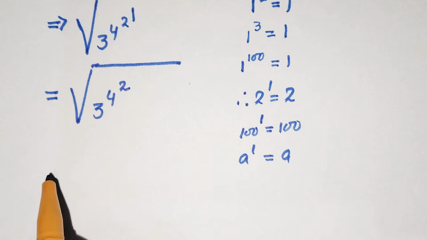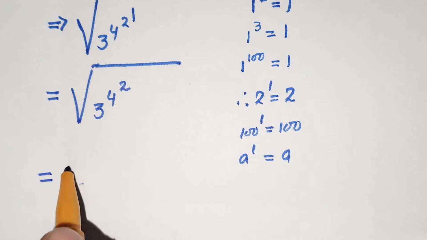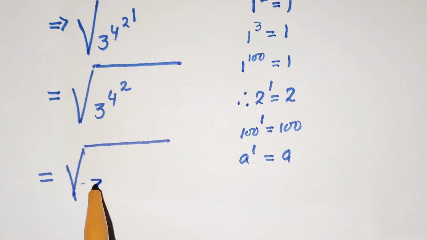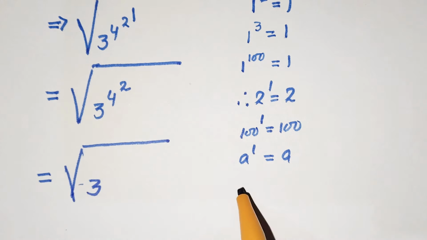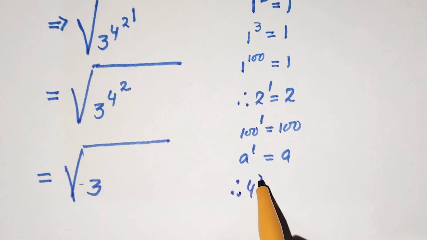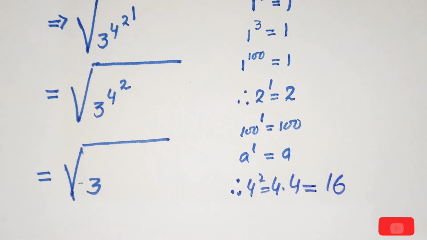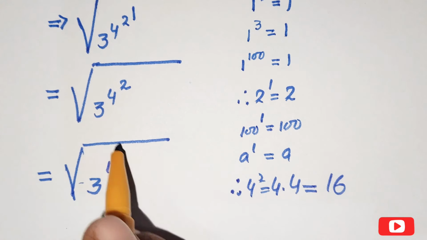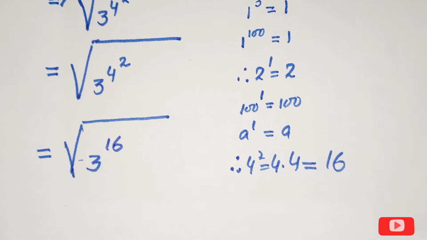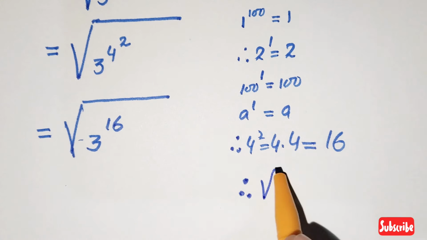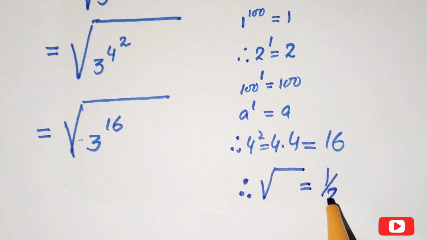So it's very simple. Now square root of 3 raised to the power 4 raised to the power 2, and we know that 4 raised to the power 2 is actually 4 times 4, which is equal to 16. So now we put here 16. So 3 raised to the power 16, and we also know that the square root is power 1 over 2.